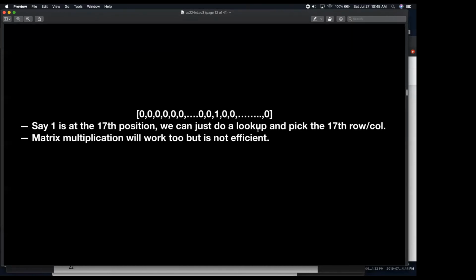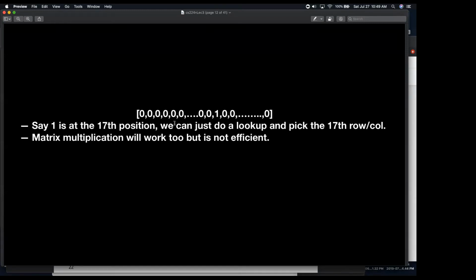The other thing that we talk about is you have this huge matrix because you have all these vocabulary words, and each of these words is represented by a d-dimensional vector. Now if you want to go into that matrix and look for a certain word, if it were one-hot encoded, you would have a ton of zeros and a 1 at a particular place indicating that word. Let's say it's the 17th position, so you have the 1 there, and you want to pick up the 17th row.